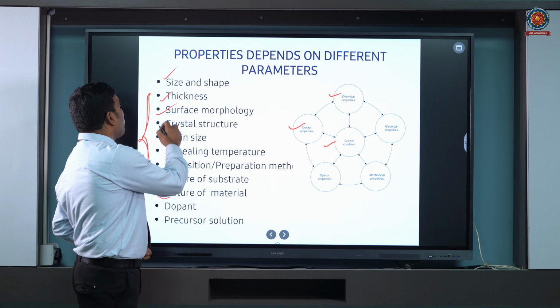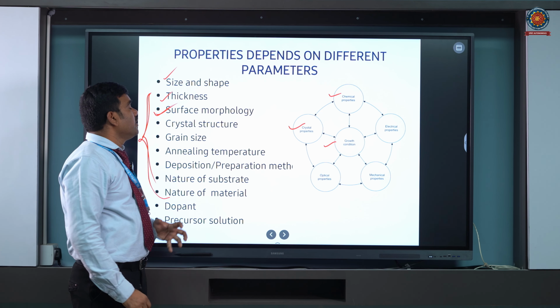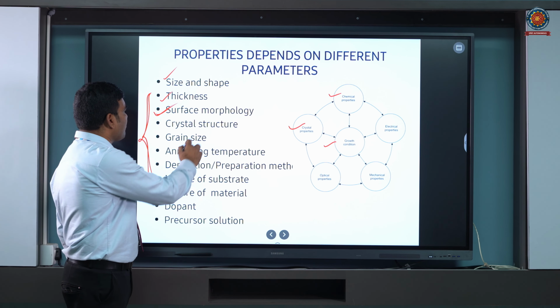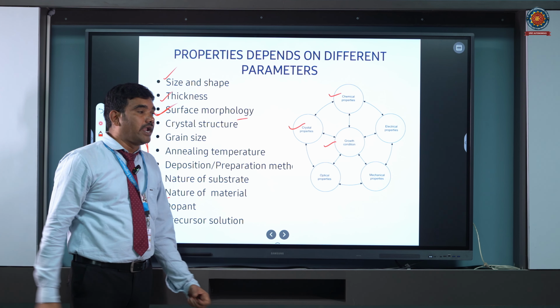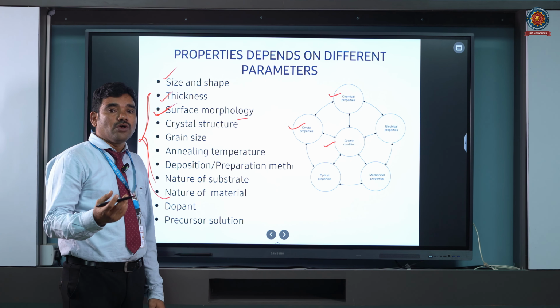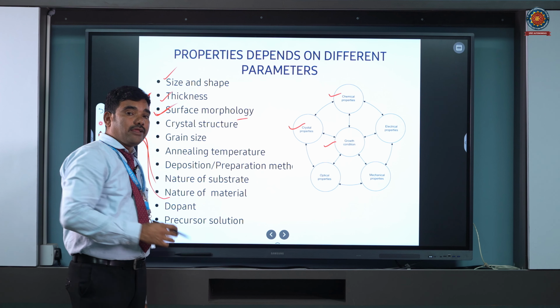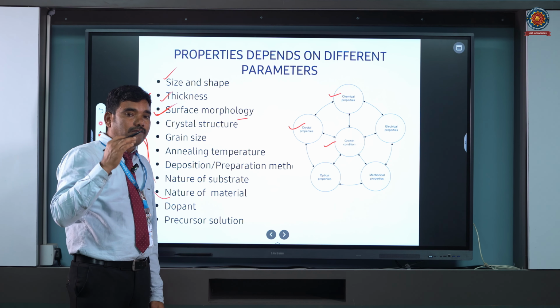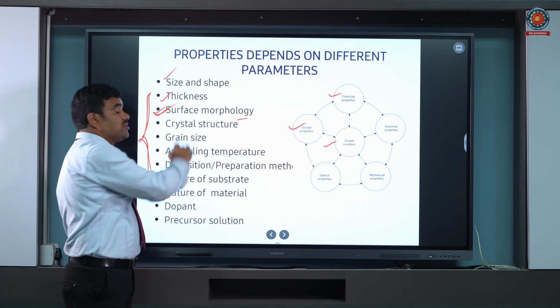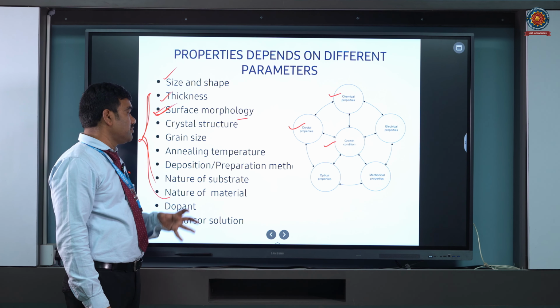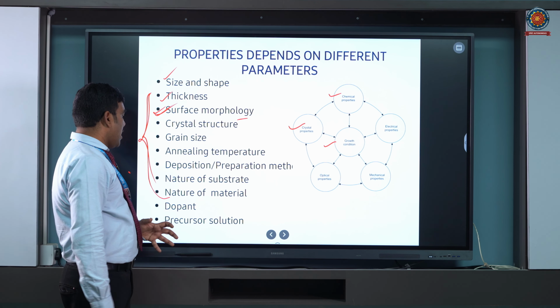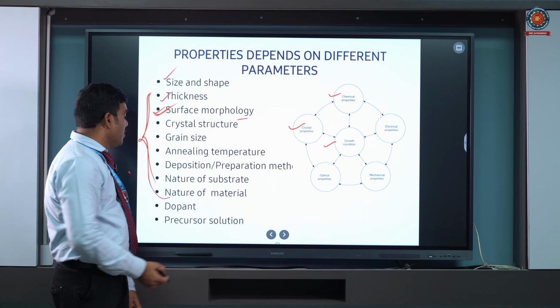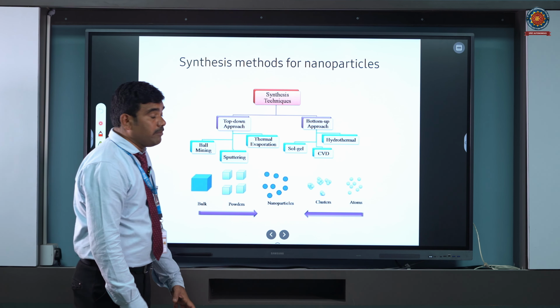The surface morphology depends on the growth conditions. Whether the annealing temperature is high or low changes the surface morphology, and the precursor solution and the nature of the substrate also matter. These are the parameters it depends on.